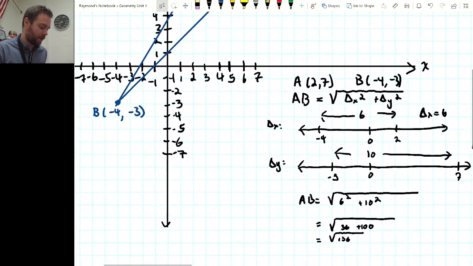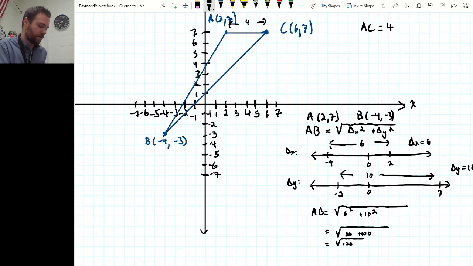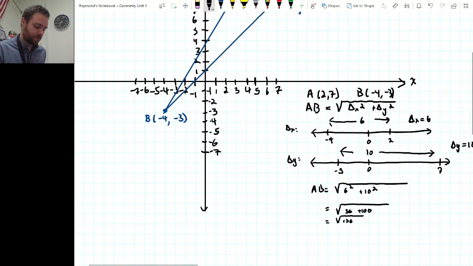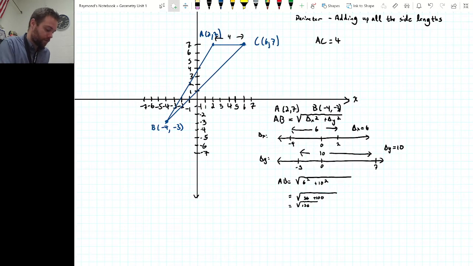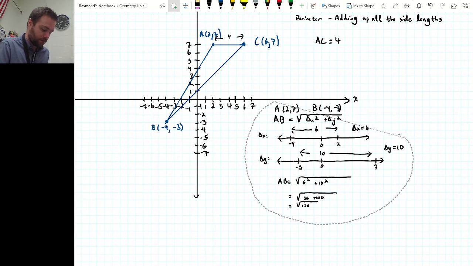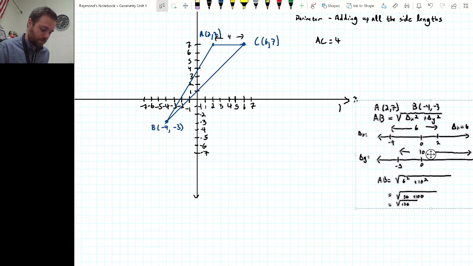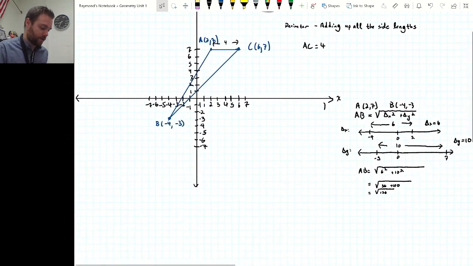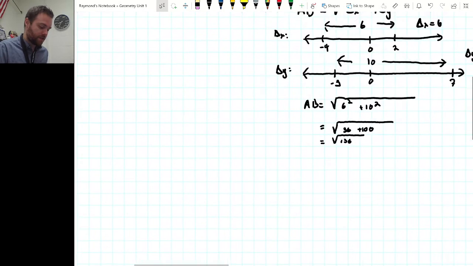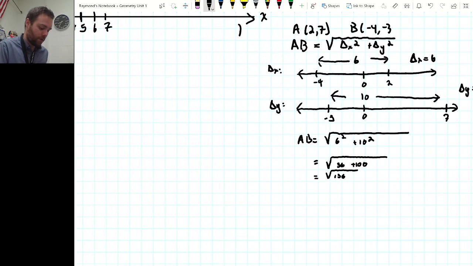So now I have to find the distance from B to C. I'm going to do that one next. I'm going to take all this work and put it neatly over here. And I've got some more to do. So I've got BC, and we're going to use that same formula.